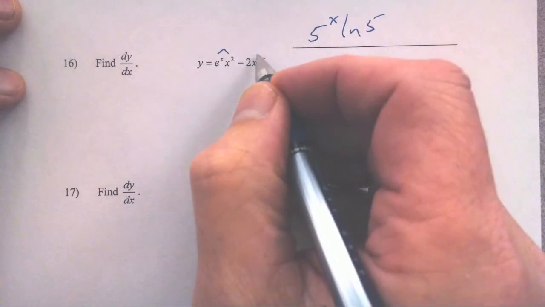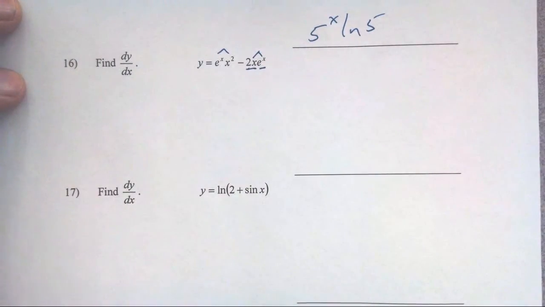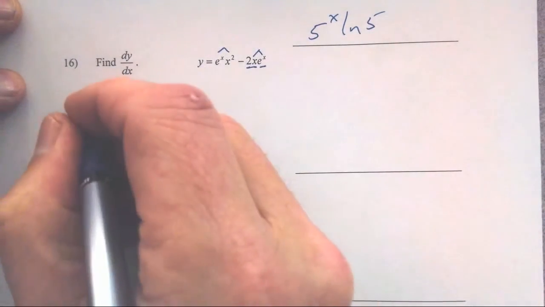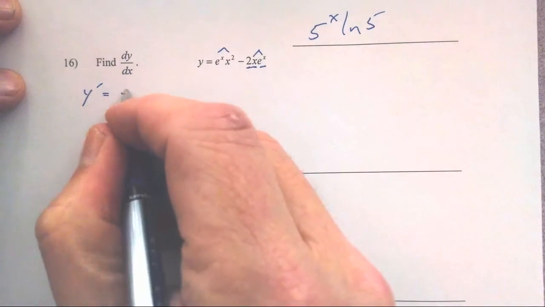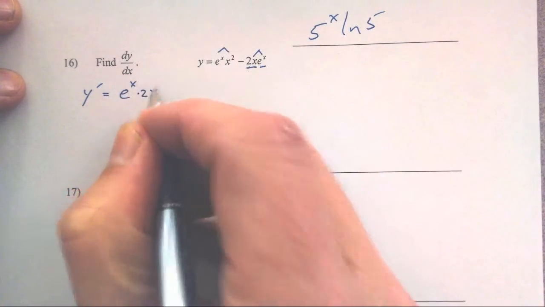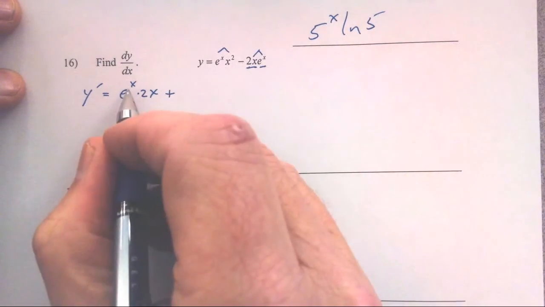And now we're going to combine some things into product rules. Product rule, function of x times function of x. So I'm going to need some space here. So y prime, or dy dx, is the first function, e to the x, times derivative of the second function, plus the derivative of the first function.